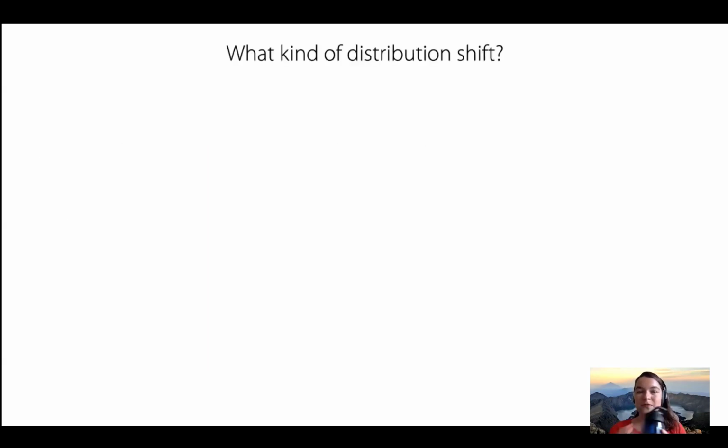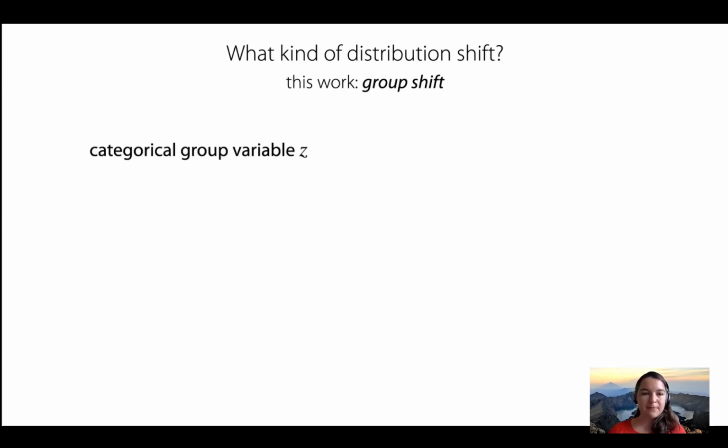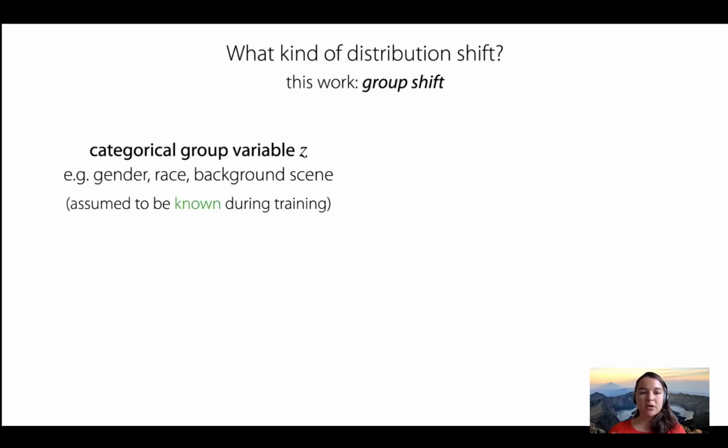To do this, we first need to think about what kind of distribution shift we'll be considering. In this next work, we're going to be talking about group shift. In particular, we're going to build upon previous work on group robustness that considers this categorical group variable Z that may be things like gender, race, some background scene, etc. We're going to assume that we know this group variable during training for each of the training data points.